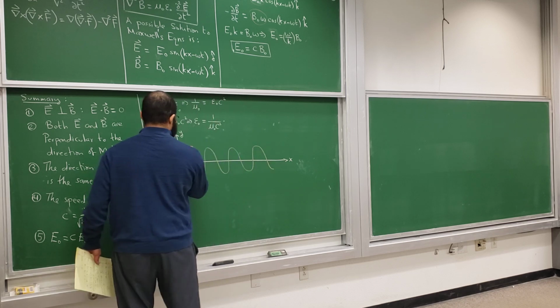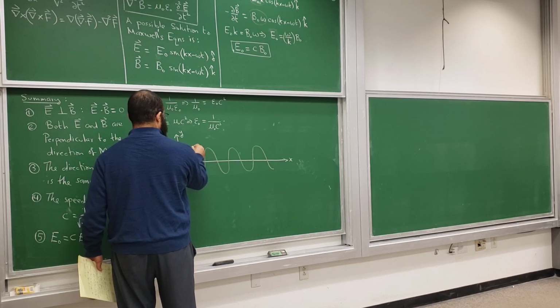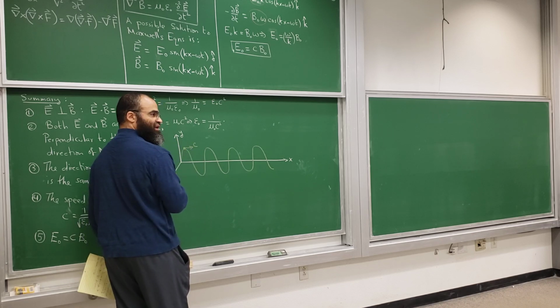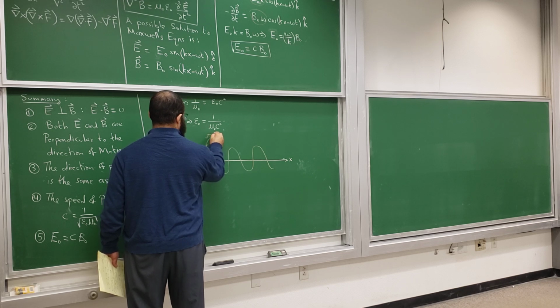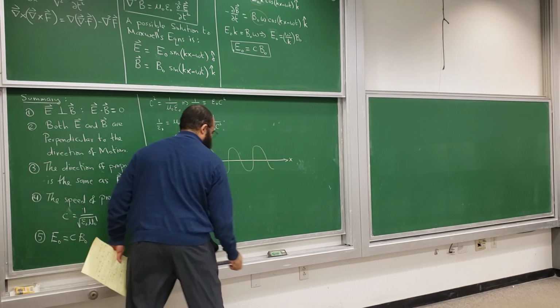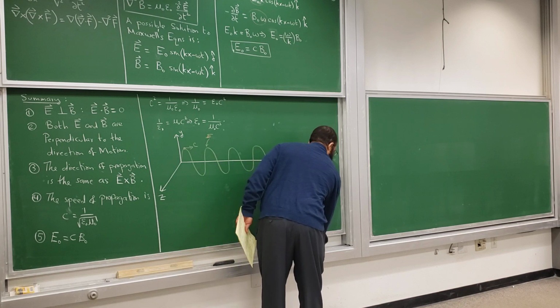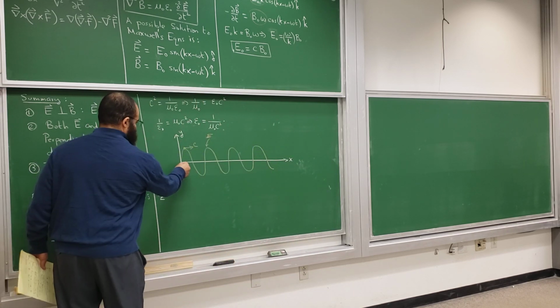In this case, the wave is propagating in this direction at speed c. This is the electric field. The magnetic field is in the z direction. This is the magnetic field.